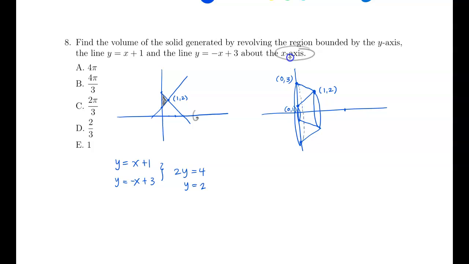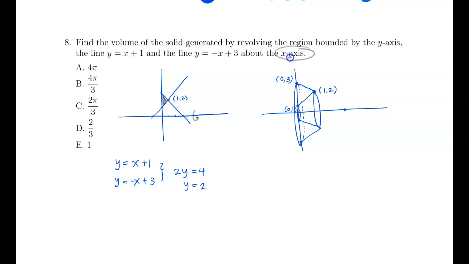All right. Now to find that volume, we will have to use a vertical strip. So how would you know which strip to use? You would always think that the strip should be perpendicular to the axis of revolution.